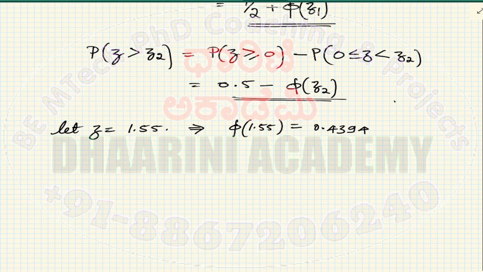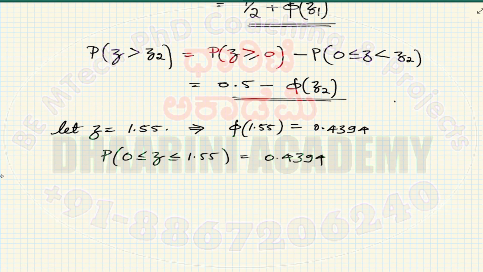Now this is something like, we are trying to find out the probability, so we can write this as the probability that 0 is less than or equal to z less than or equal to 1.55 equal to 0.4394. Directly from the table we are writing this, correct?